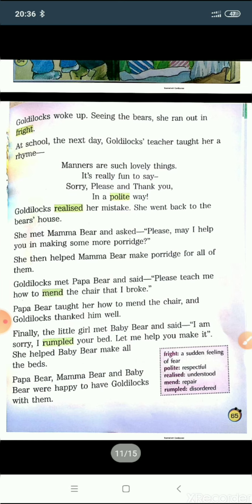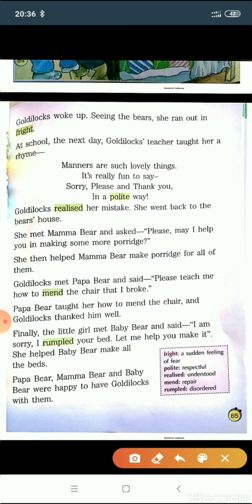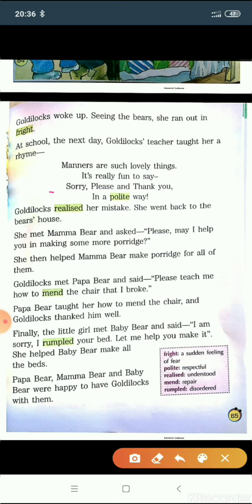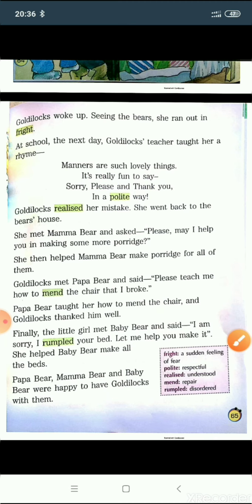As you can see, children, Goldilocks's teacher taught her sorry, please and thank you. So let me underline it once again. These are the 3 words that Goldilocks's teacher taught her.